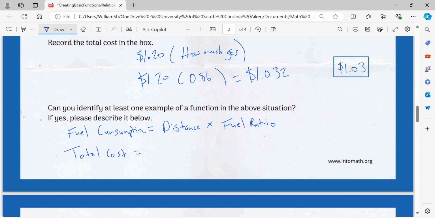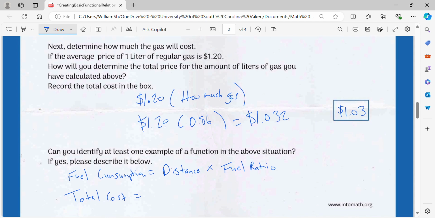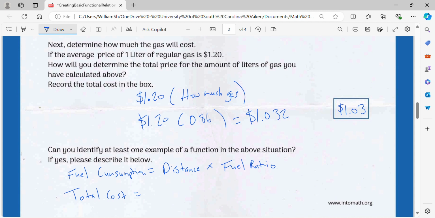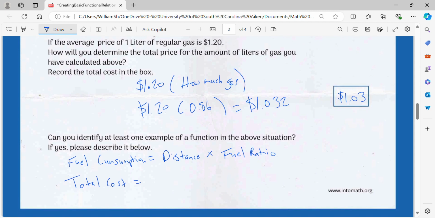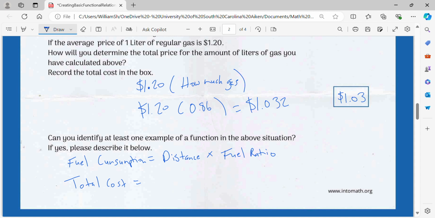Okay, and the total cost was a function of cost per liter, or total price. Yep, the average price per liter of regular gas. So we'll just say average price times what our fuel consumption was.